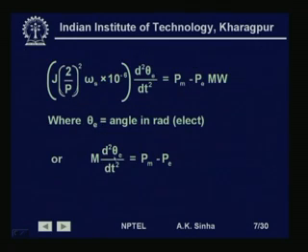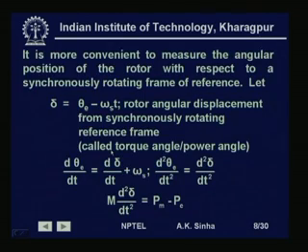Therefore, this relationship which we had in terms of the electrical angle with respect to our stationary reference frame can now be written in terms of the rotating reference frame, or in terms of power angle, as m d2 delta by dt2 is equal to Pm minus Pe.